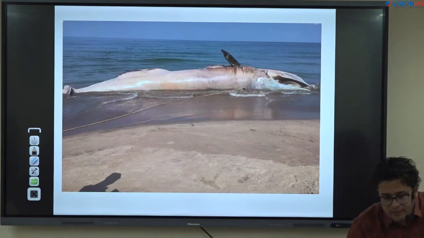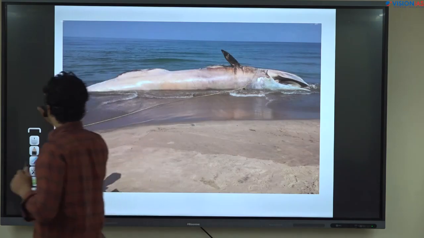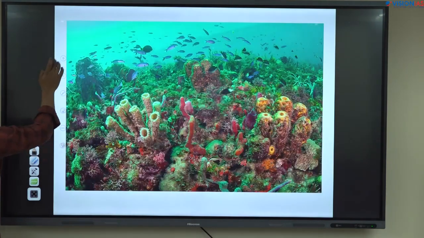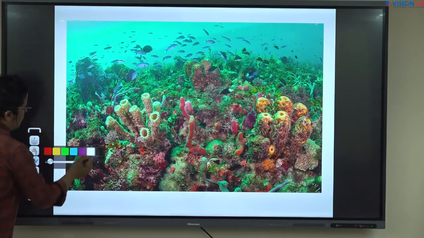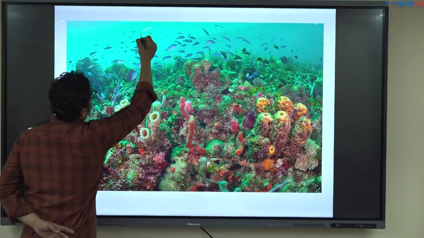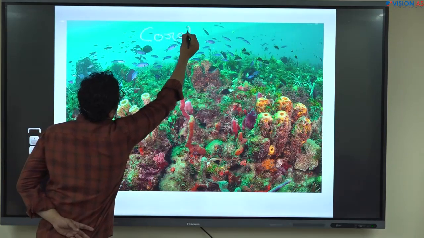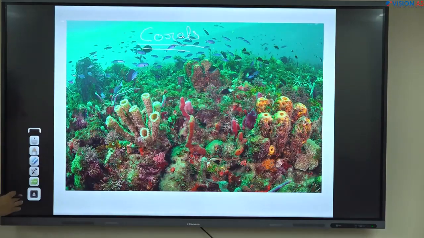Okay. So let's see the next problem related to acidification. Look at this image. These are corals. Corals that you are looking at here.